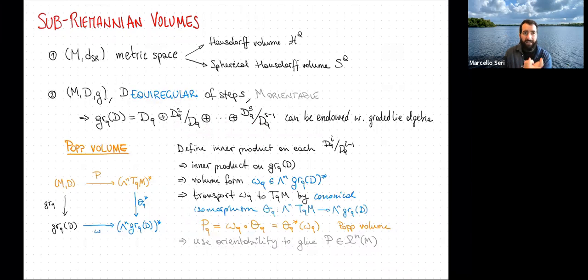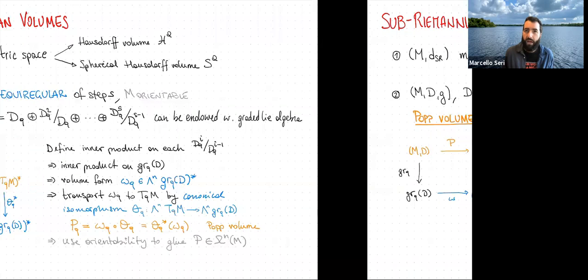The fact that you need to extend the inner product by using the commutator brings in this non-homogeneity of the space. It's a part of the construction. And so you're cheating. You're making it look as if you were in a Riemannian case, but you're very much not.